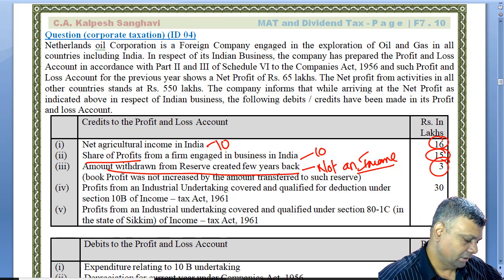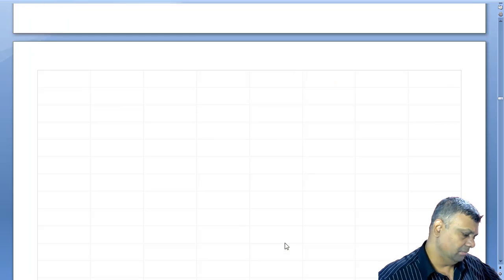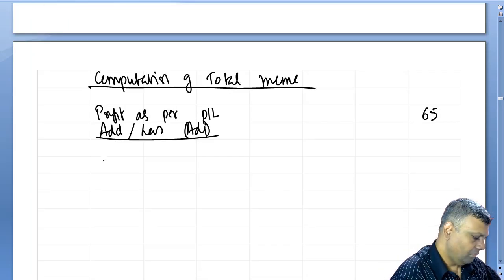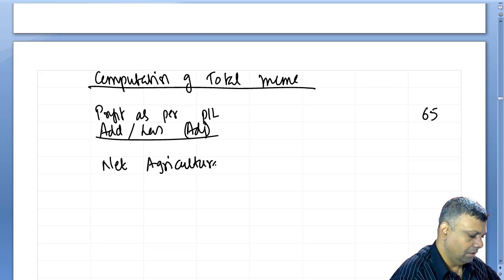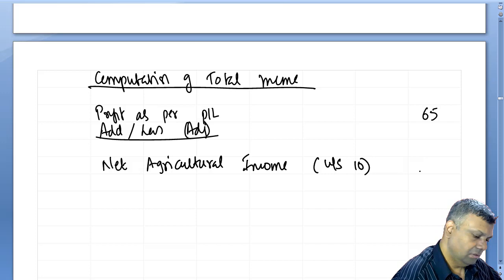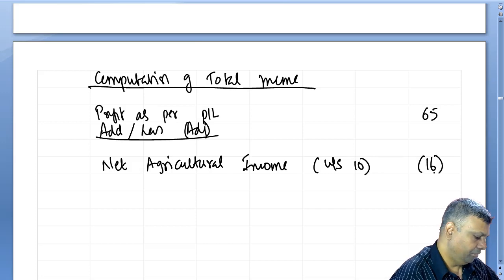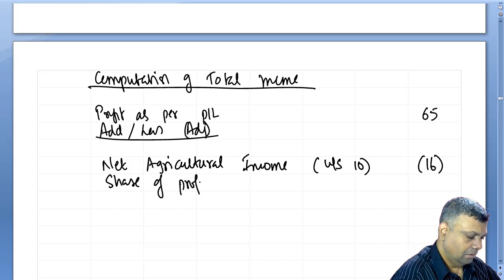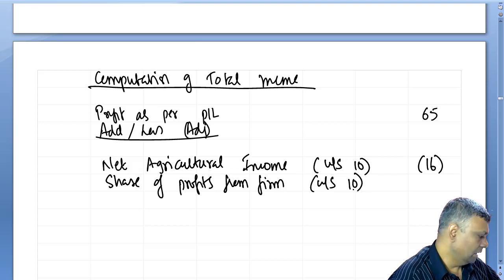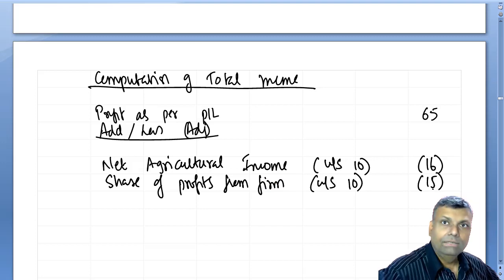So let me open up my answer. Share of net agricultural income. Net agricultural income, under section 10 exempt. So reduce 16. Share of profits from the firm, again under section 10, reduce 15.